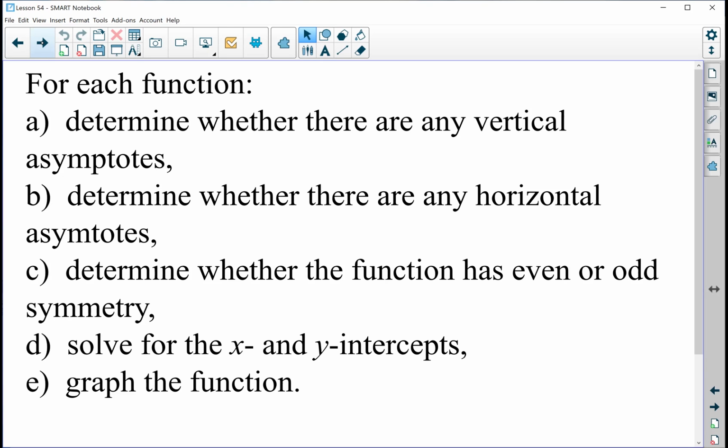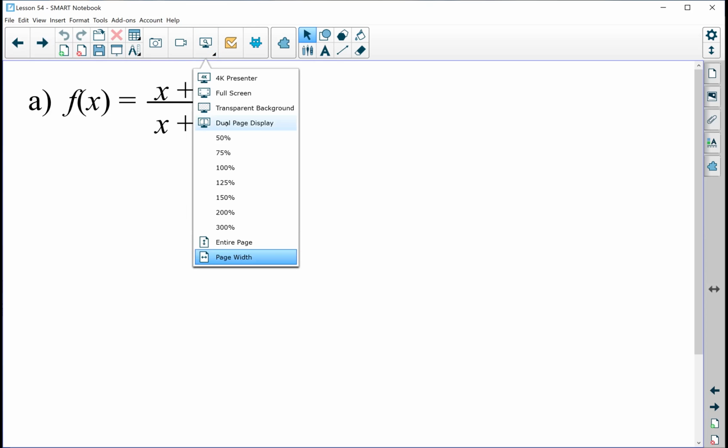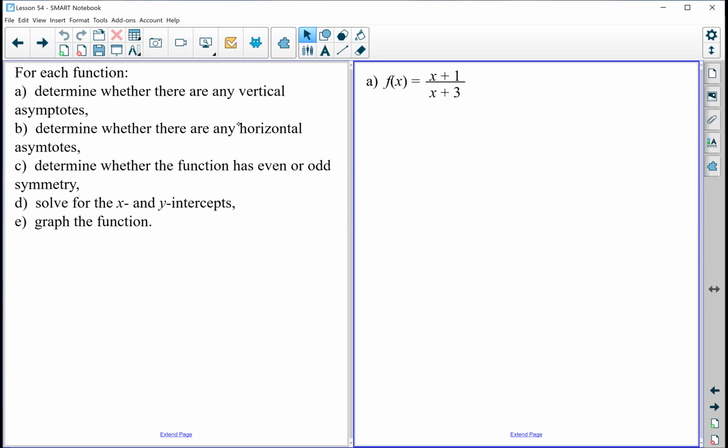And then finally use that information to sketch a graph. So what I'm going to do is go to a split screen. There we go. So that I can tell, okay, this is stuff that I want to find.